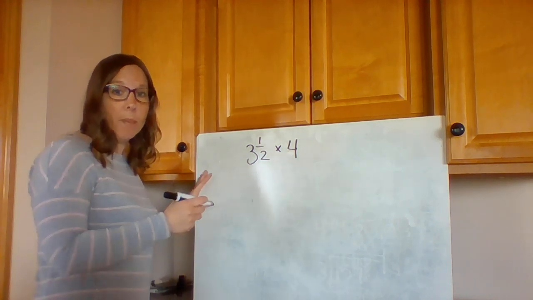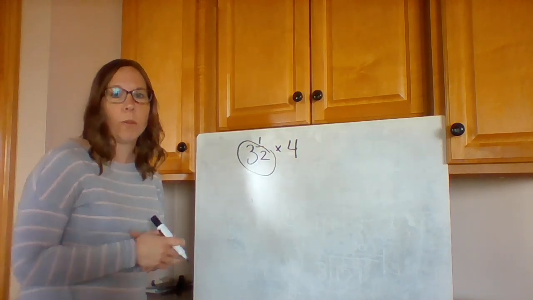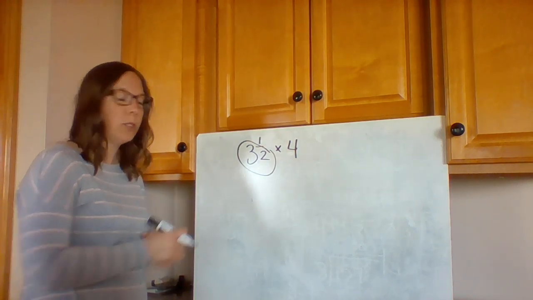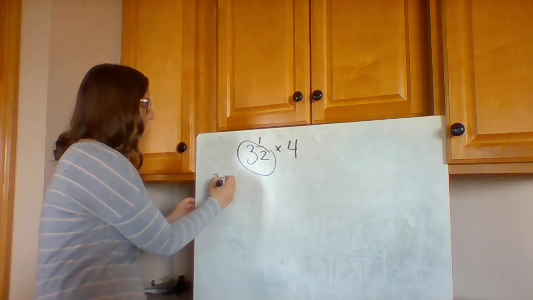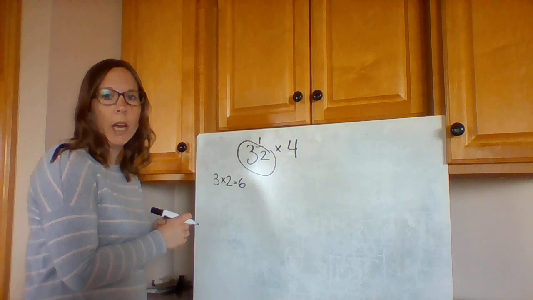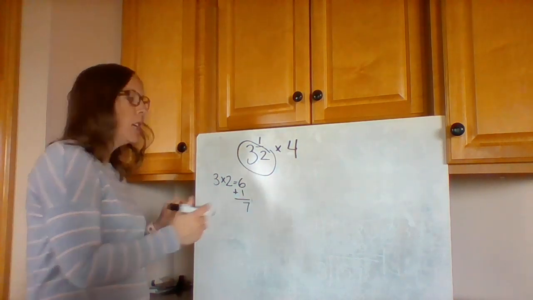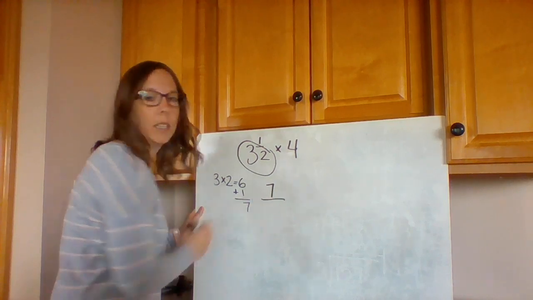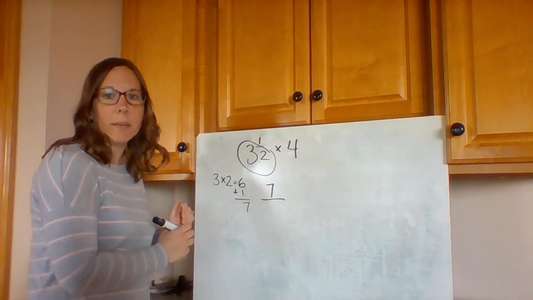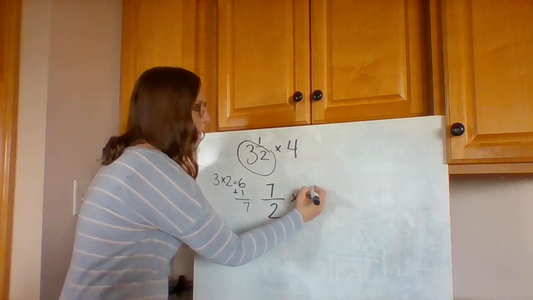So we multiply 3 times 2, which is 6. Now, what do I have to do with my 1? I add my 1. So I get 7. Now I have 7 over, I leave the exact same denominator, so 7 over 2 times 4.